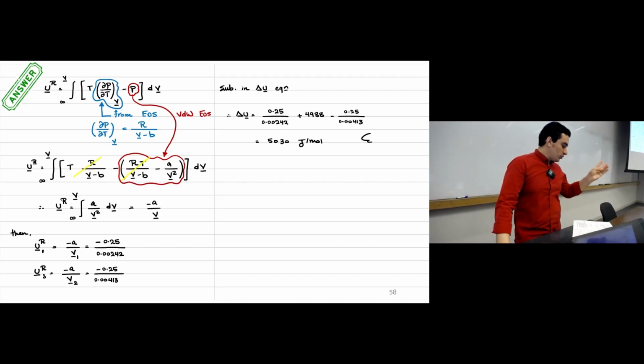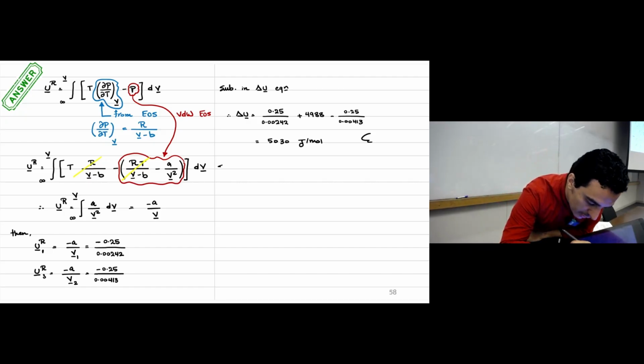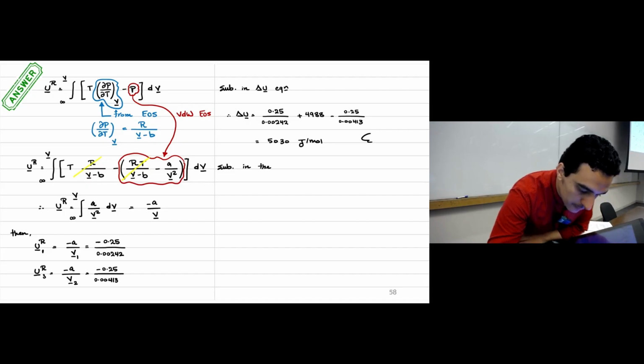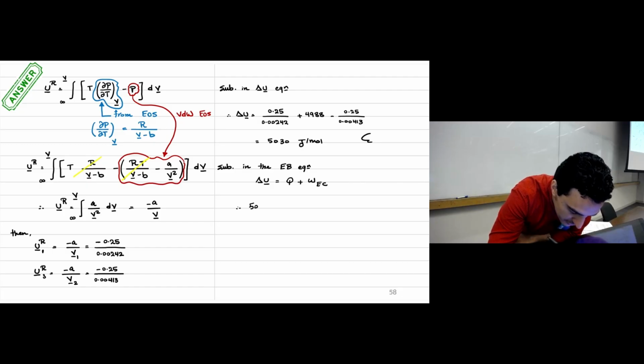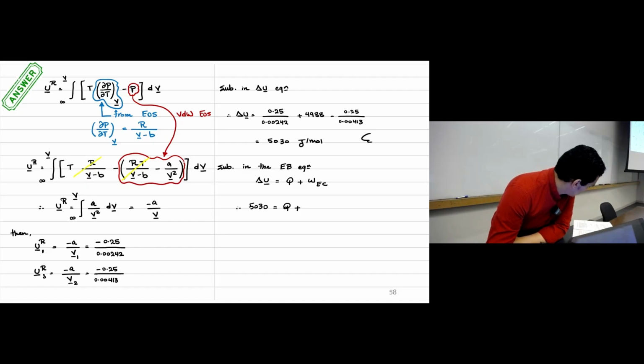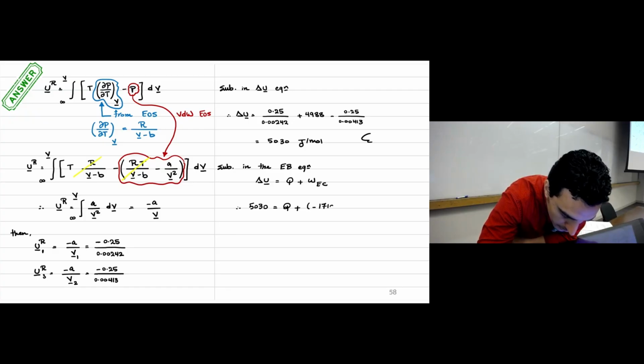So now we have delta U and we have the work of expansion contraction, so we can substitute in the energy balance equation. Again, the energy balance equation says delta U is Q plus work of expansion contraction. So we can substitute and say 5030 is equivalent to Q plus the work of expansion contraction, which is negative 1710.